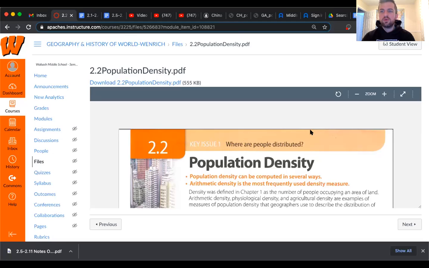You're going to get 2.5 to 2.11 tomorrow. But tomorrow in class, if we're here, we're going to watch a video about Thomas Malthus, the guy who came out with a theory on population in 1798. And a lot of people in other countries like China based government action off of his theory about population.